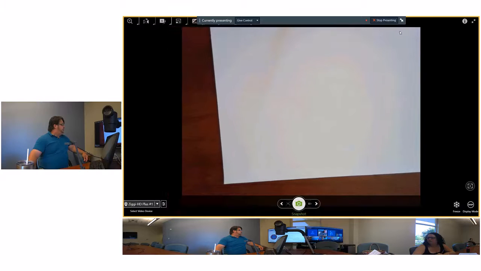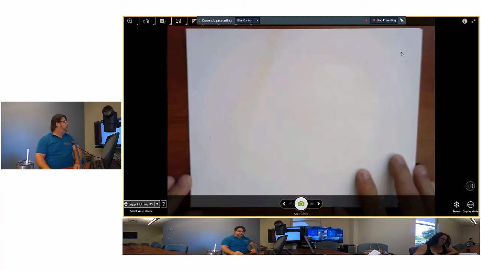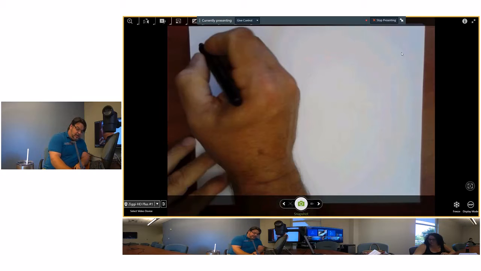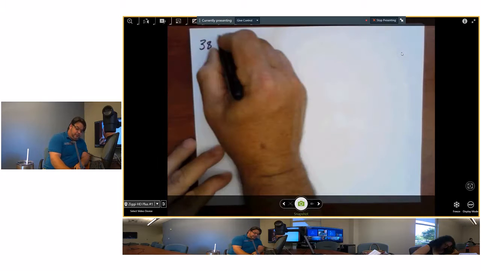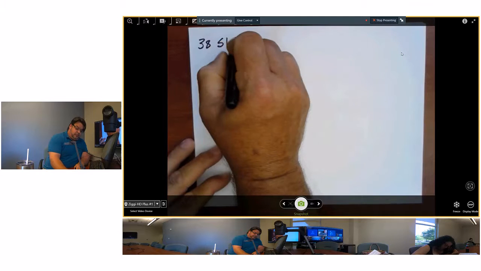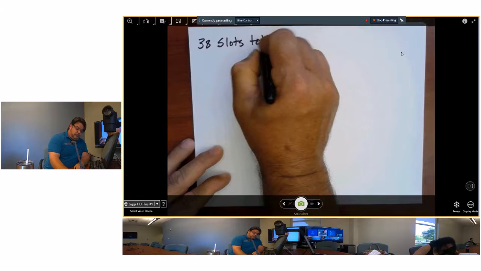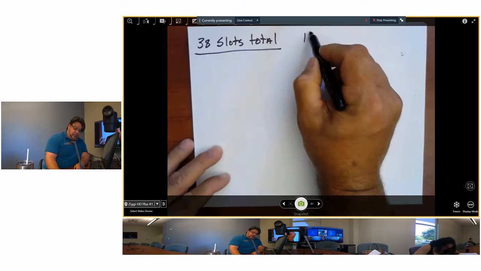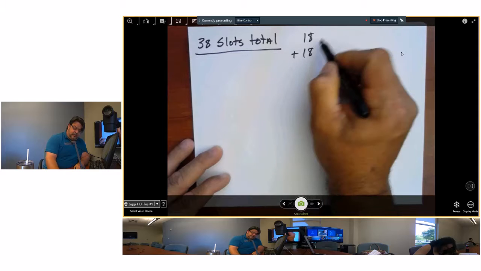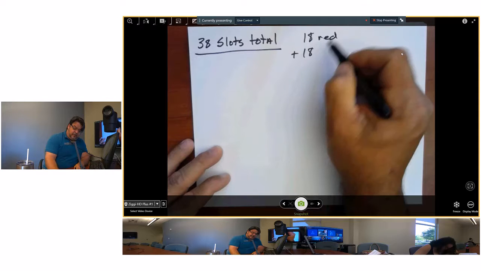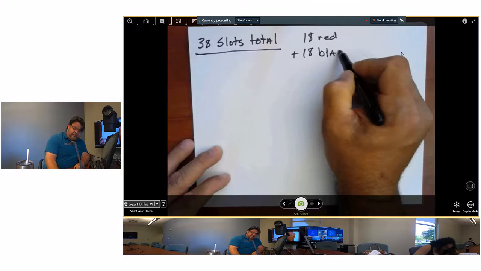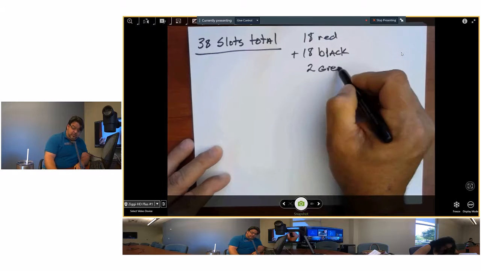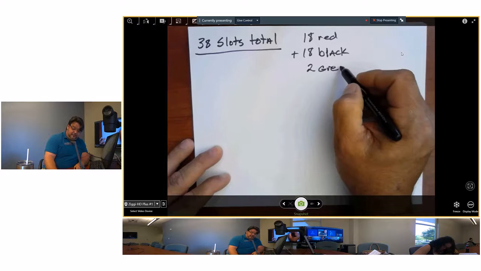So we got 38 slots total. We got 18 plus 18. 18 are red, 18 are black, and 2 are green, which means not red and not black.